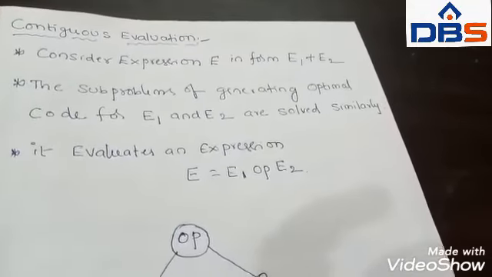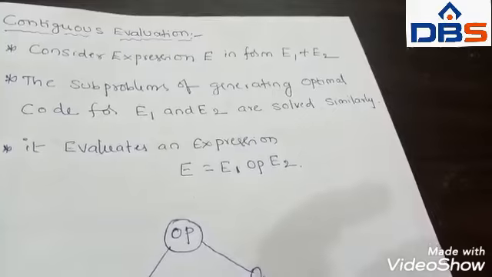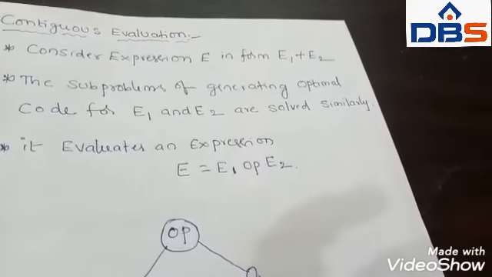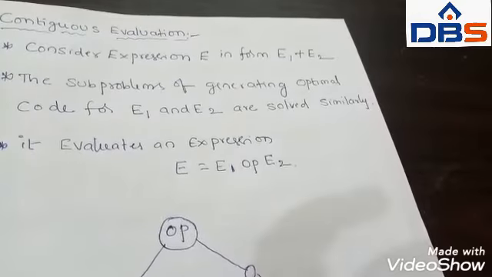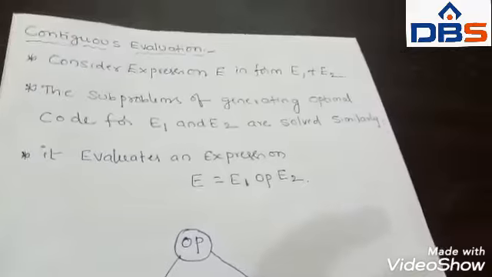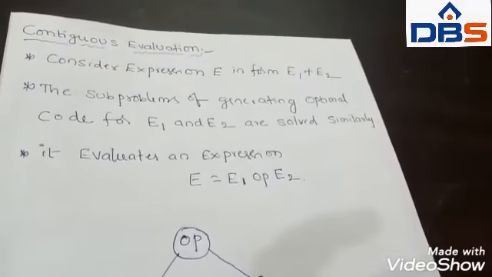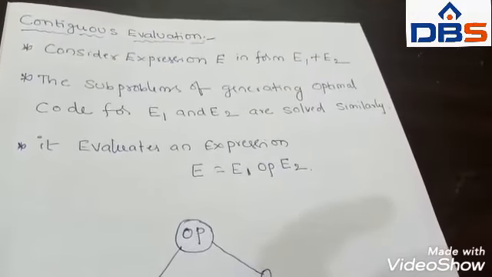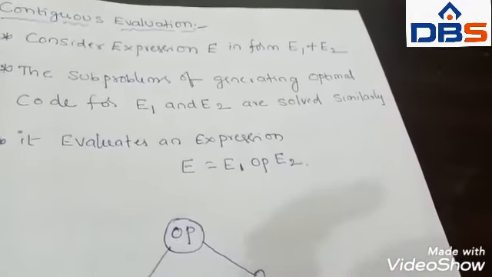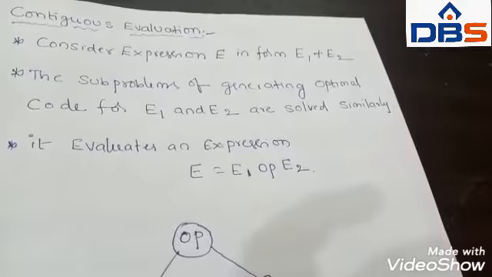An optimal program produced by the dynamic programming algorithm has an important property. It evaluates an expression E equal to E1 OP E2 contiguously.